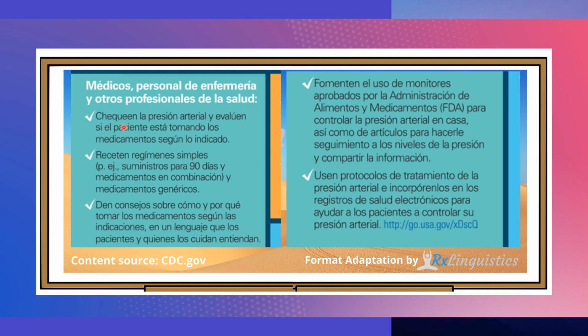So this is a verb, check-in, which is to check, evaluate la presión arterial. Measure, you can say measure, and this is a verb also, to evaluate. And these are imperative tenses, that's why they have this en.